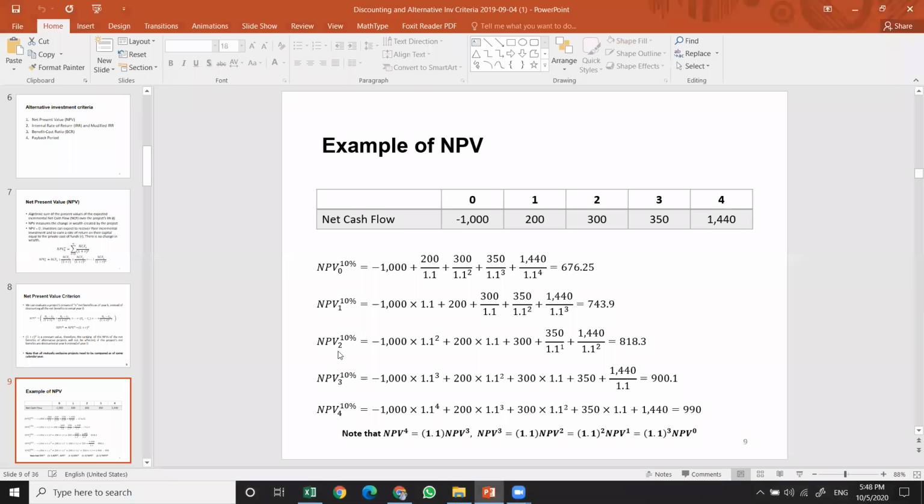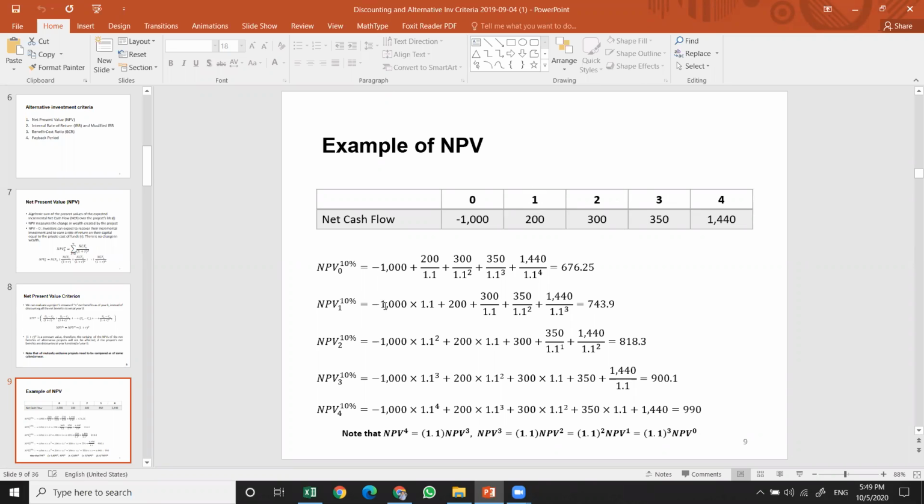However, if they say calculate NPV for year 1, the difference between the first and the second is that you're not discounting to year 0, but to year 1. So everything goes to here. You should bring these cash flows to year 1, not 0, and bring year 0's cash flow to here.